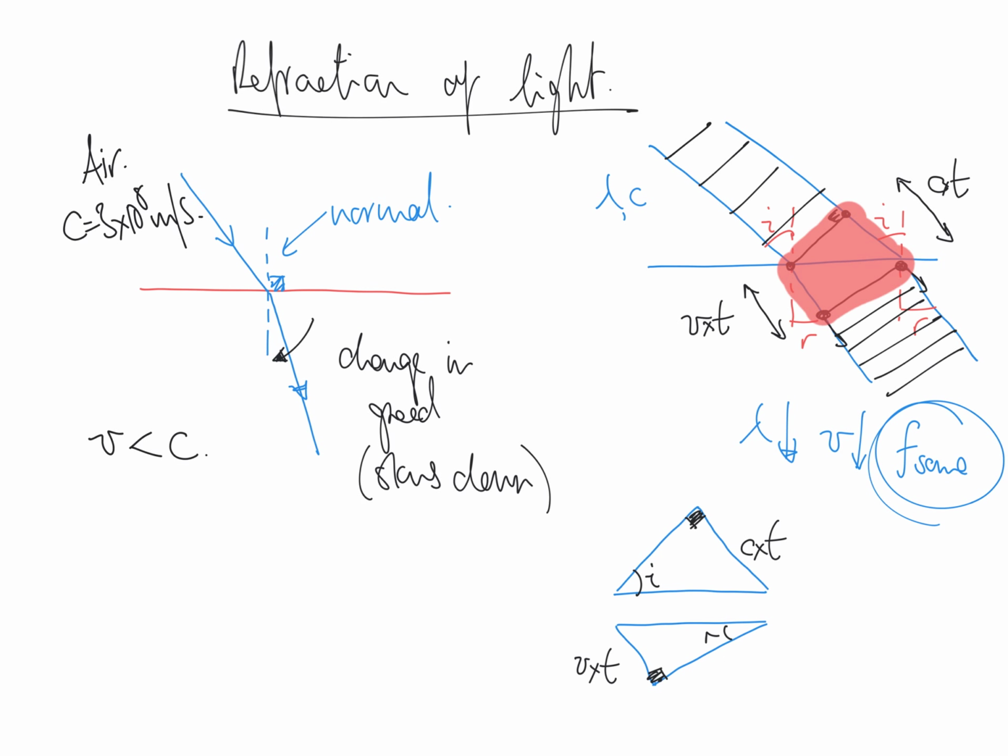So very simply, we have a nice sine identity that says, if this is my opposite and my hypotenuse, sine i is going to equal the opposite over the hypotenuse. And similarly here, sine r is going to be opposite over the hypotenuse.